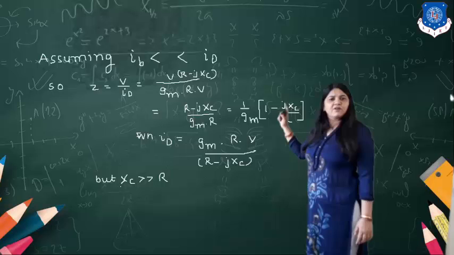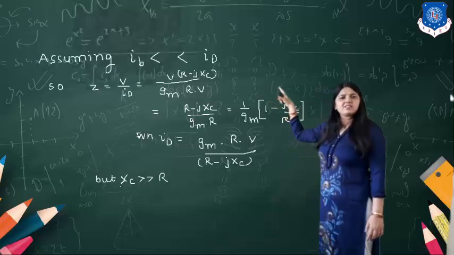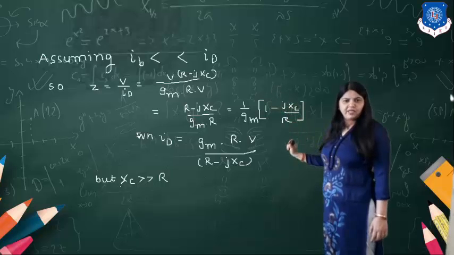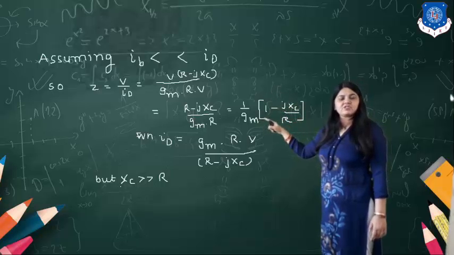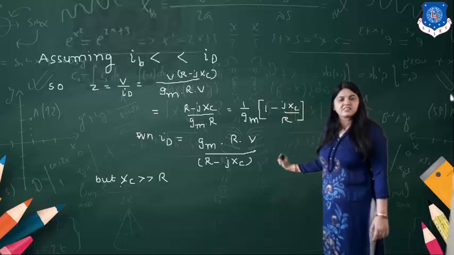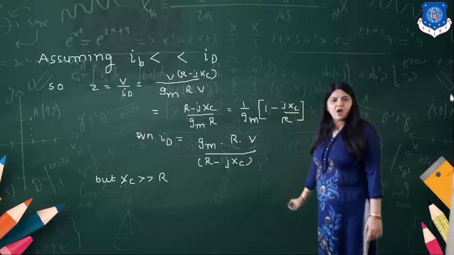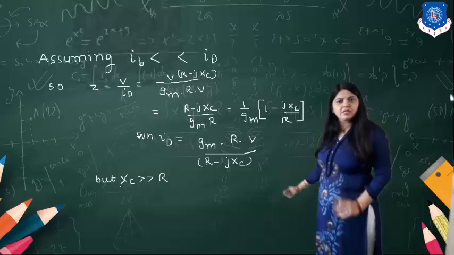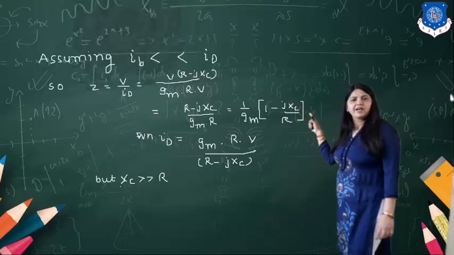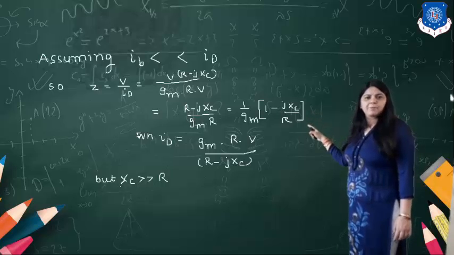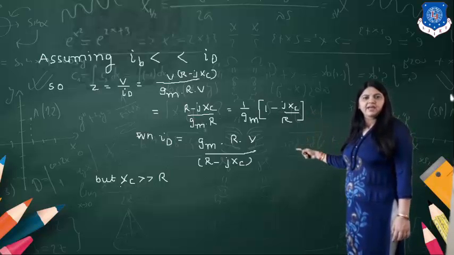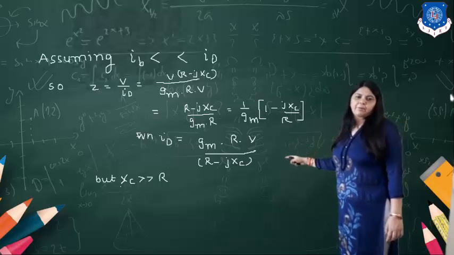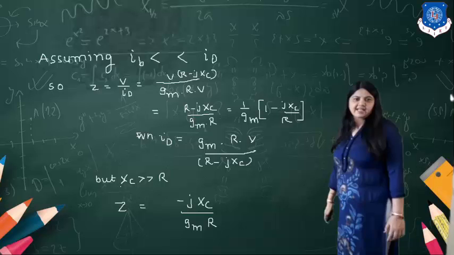So it is V in bracket R minus jXC upon Gm into R into V. The V cancels, so it is R minus jXC upon Gm into R. I will take 1 upon Gm outside, that's common. So in bracket you will have 1 minus jXC upon R, where ID is equal to Gm into R into V upon R minus jXC.